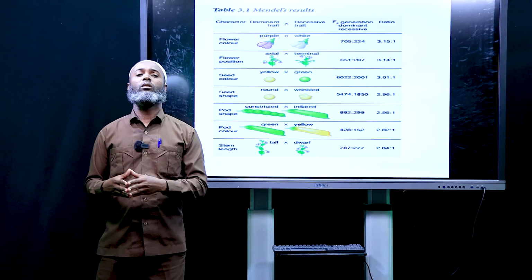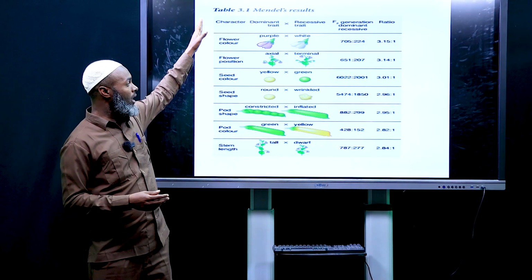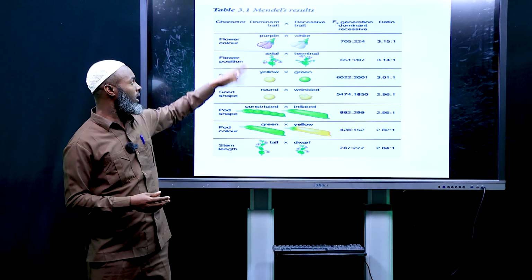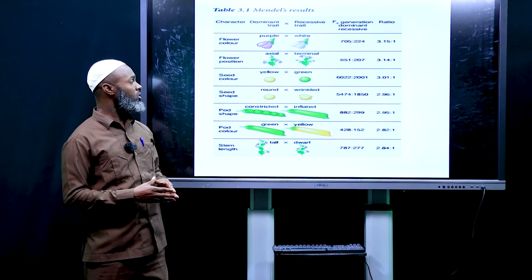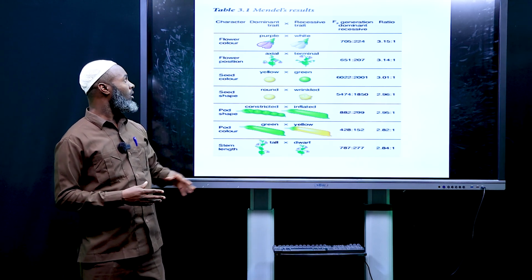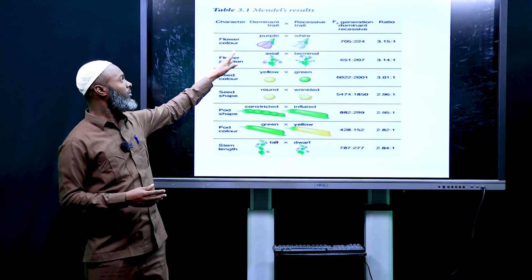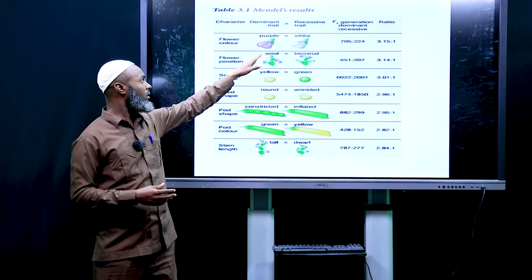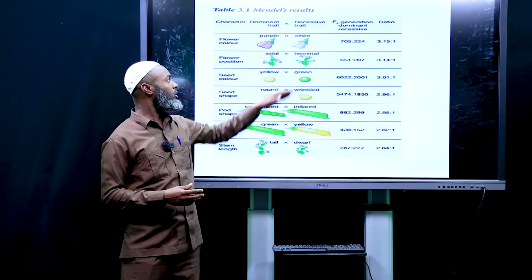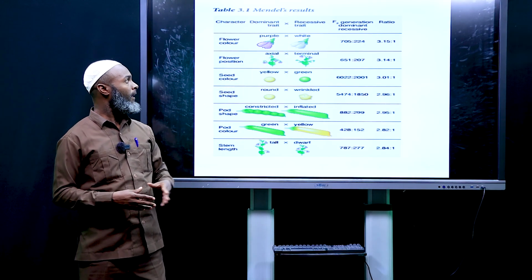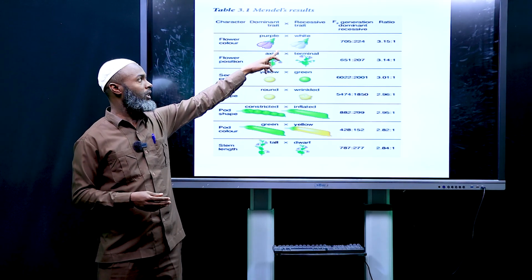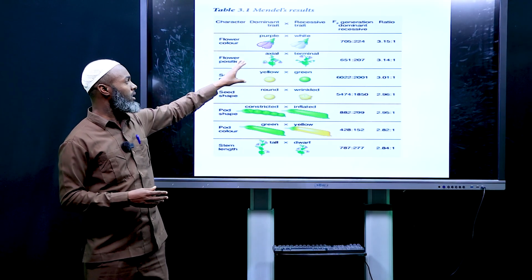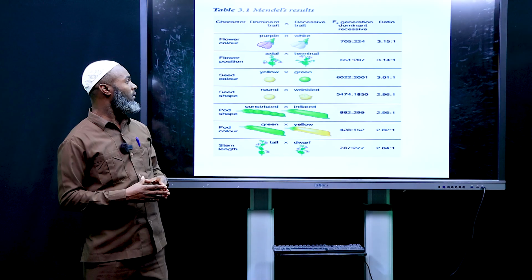To remind you again, these are the 7 characters and 14 traits that Mendel used. Flower color, the dominant trait was purple and the recessive trait was white. And this is the F2 generation ratio. Flower position, axial and terminal.